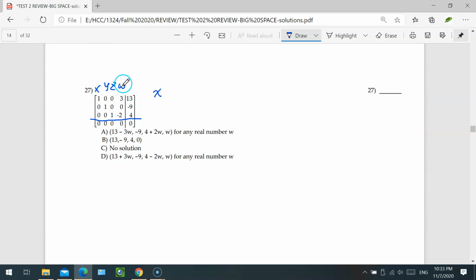I'm going to label the fourth column here as w. So x plus 3w is equal to 13. y plus nothing, right? So just y is equal to -9.